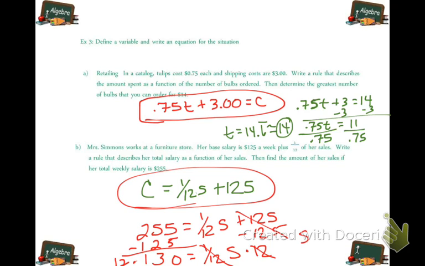So S equals 130. Hold on. She sold $1,560 worth of sales. So that's how much she made.